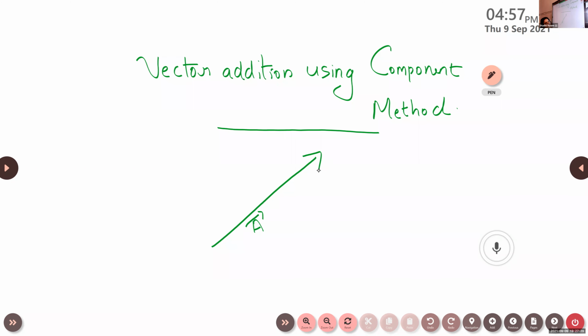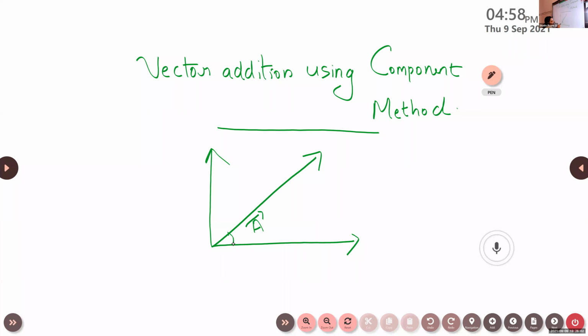Resolution of vectors is nothing but the splitting of vectors. So by the resolution of this vector A, we get two component vectors. After that, we can give the names.